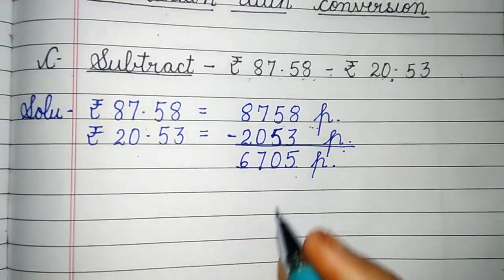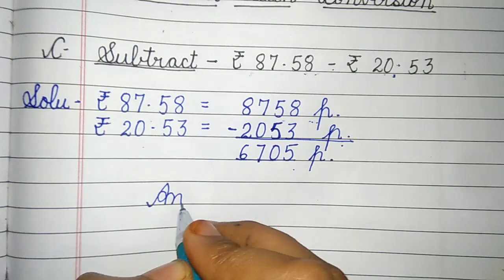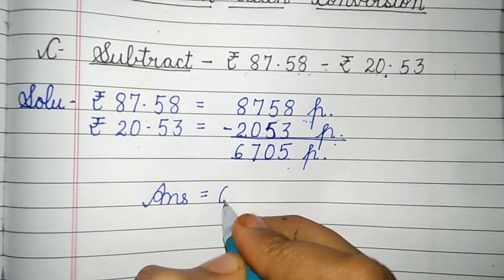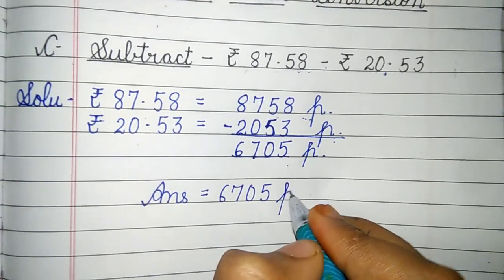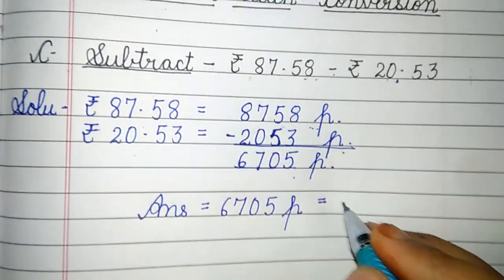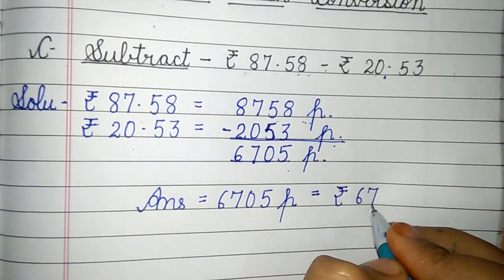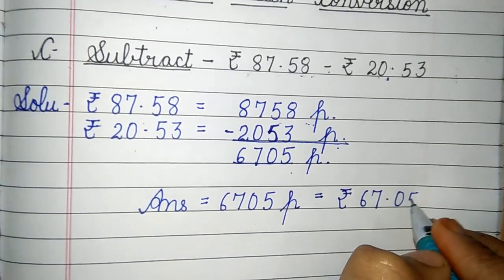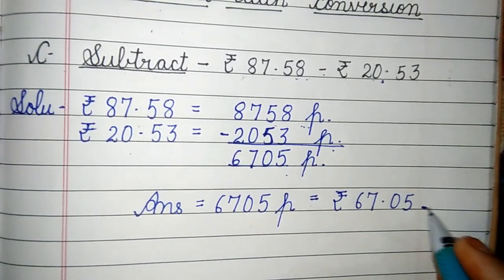Now we will write the answer below. 6,705 paise. Now convert it. Rupees 67.05. Is that clear? Okay.